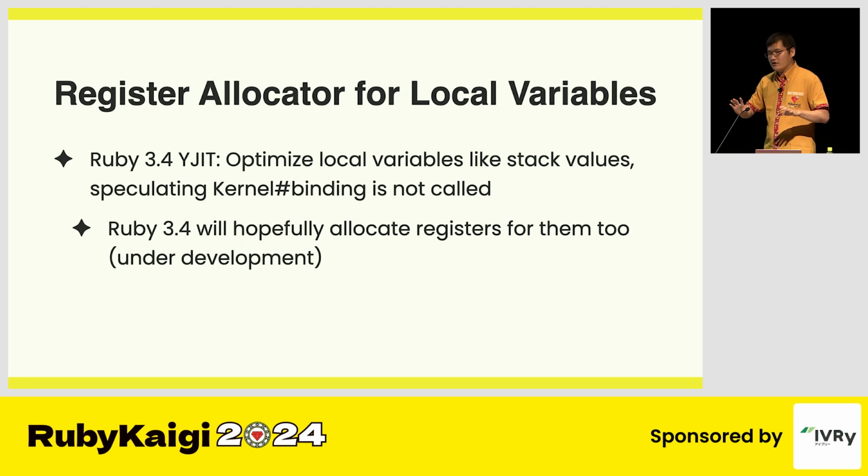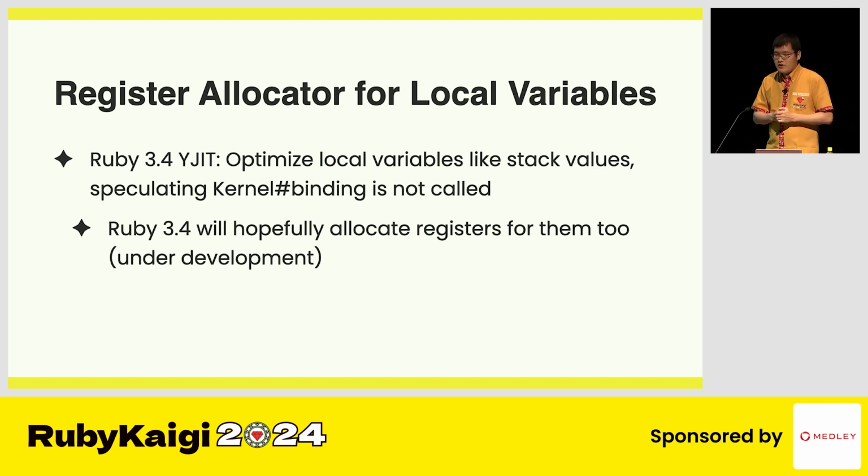So if you allocate this kind of binding object, what the Ruby virtual machine does is escape the so-called environment of the local variables from the stack to the heap. And if that happens, any method can modify the local variables of the current frame. So it's kind of dangerous if you just allocate registers for the current frame that way.